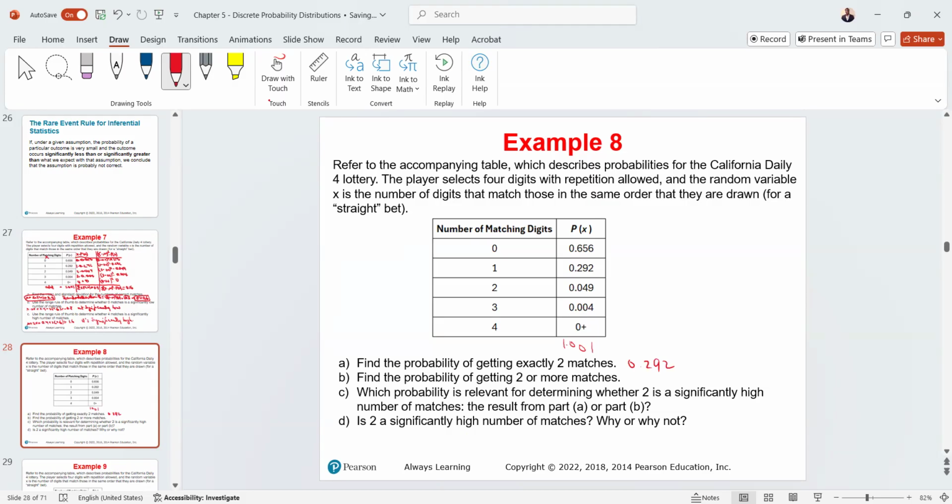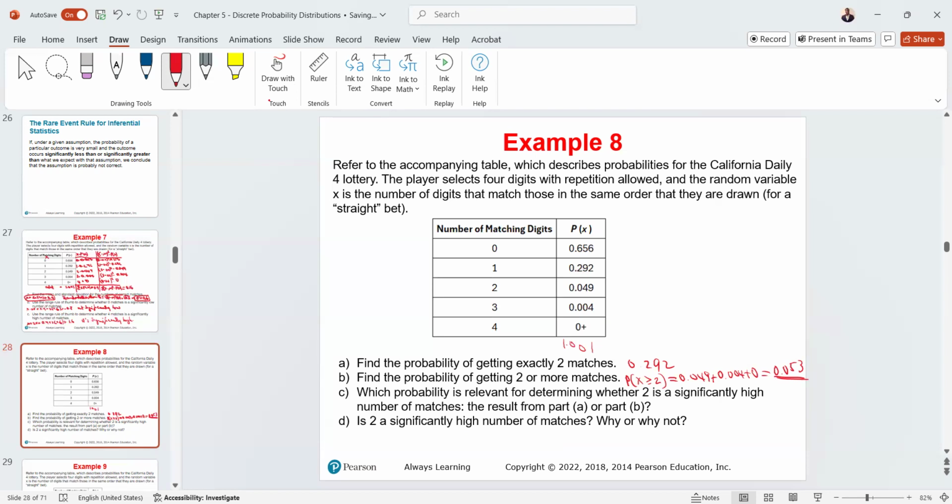But for the next one, it says to find the probability of getting 2 or more. That means the probability that X is greater than or equal to 2. Add everything from 2 up. So that means 0.049 plus 0.004 plus 0. If you add up all of this, the probability is 0.053. That would be the answer because it said at least 2.